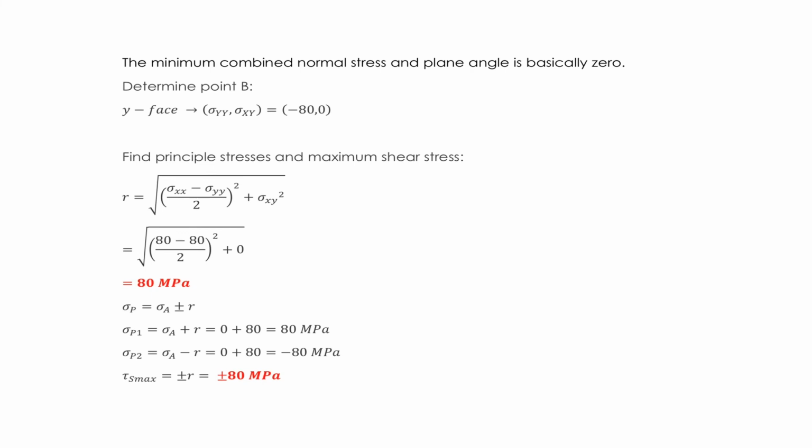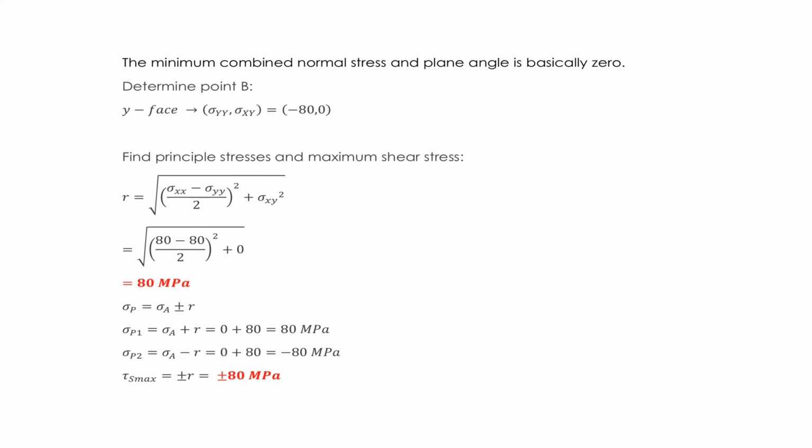σy is negative 80, and σx and σyy are 0. For the principal stress and maximum shear stress, the equation is R equals the square root of the quantity (σxx minus σyy)/2, the whole squared, plus τxy squared.